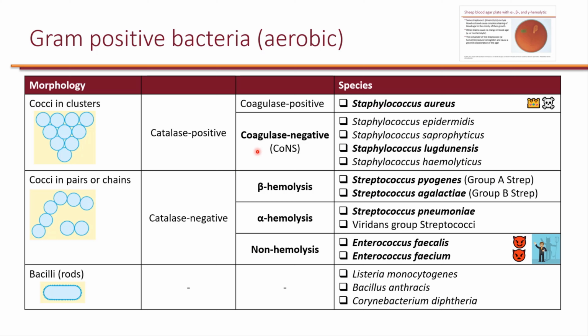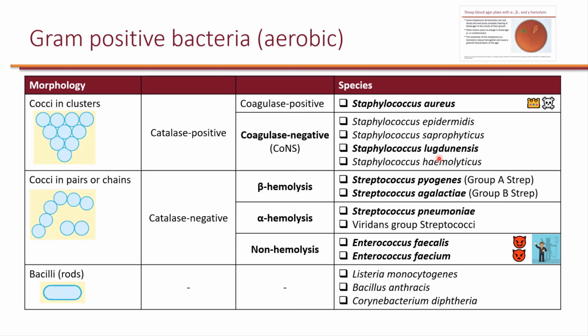And if they say the coagulase is negative, you have several options, and together all of these are referred to as coagulase negative staph or coagulase negative staphylococcus. And there are several species that are coag negative, and I have listed 4 that are more common.